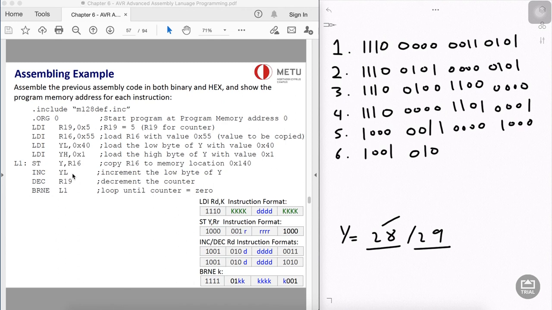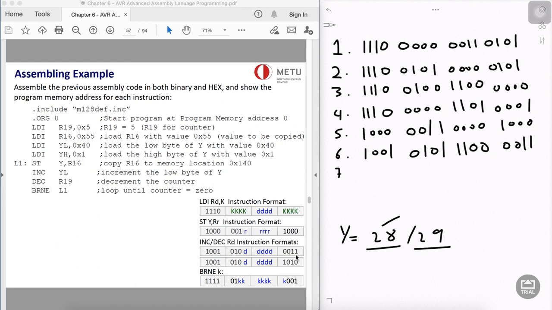So now 28 means it's going to be 1100, which is 16 plus 12, and then we have 0011, which is the rest of the opcode.